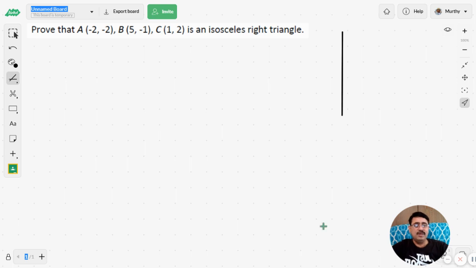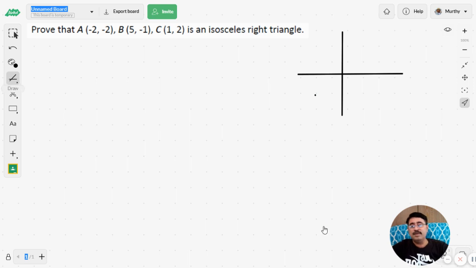Or else, let me try a coordinate plane. I see that A is (-2, -2), which means it must be in the third quadrant. And B is 5, the x value is positive.